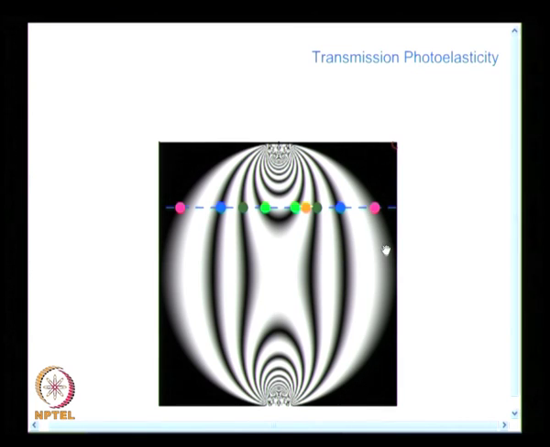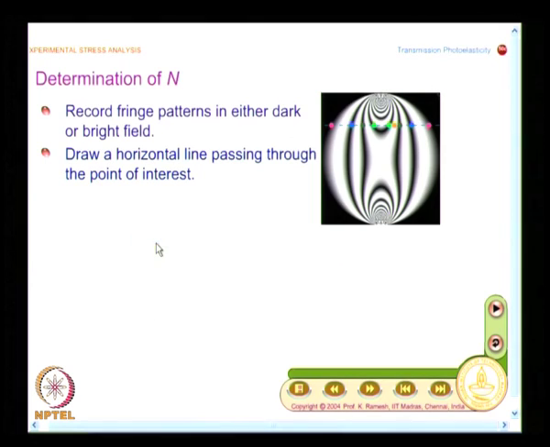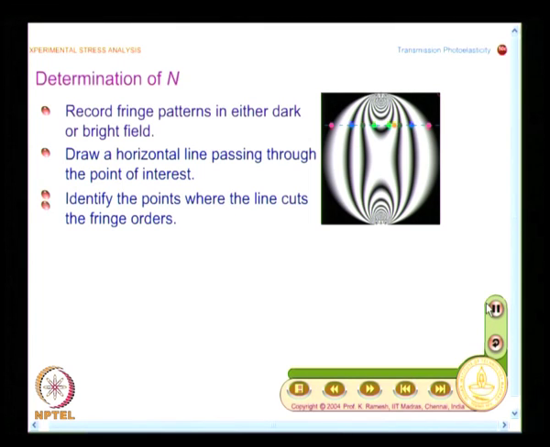This information is known. So, I can count it as 0, 1, 2, 3, and now I want to find out the fringe order at a point which is lying in between fringe order 2 and fringe order 3. So, what you need to do is draw a graph and then identify what is the fringe order at the point of interest.